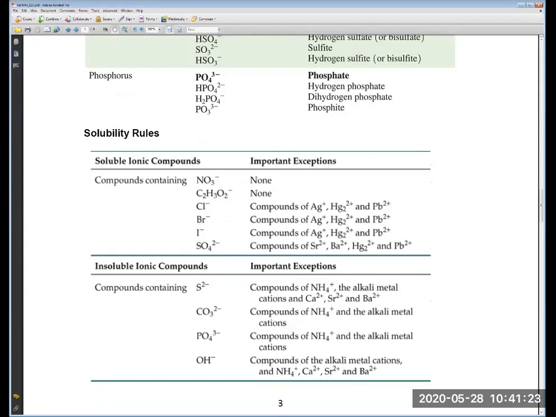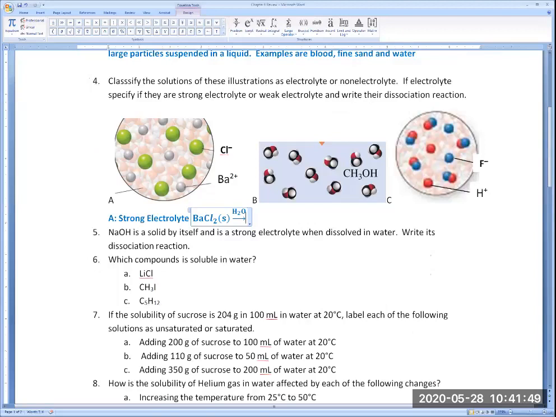Cl- is the third down, and it means that any compound made of the chloride ion is soluble, except when it's with silver plus, mercury 2+, and lead 2+, right? And here it's with barium, so that means it's soluble. So if I go back to my review here, then I know it's soluble when you place it in water.